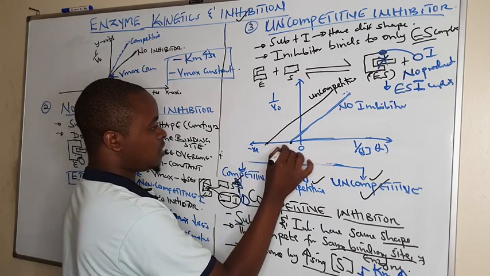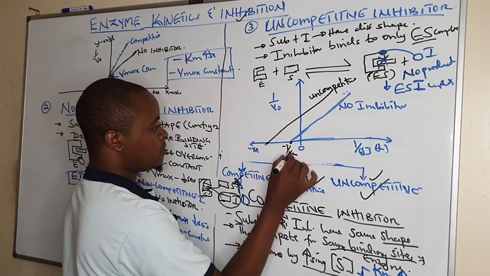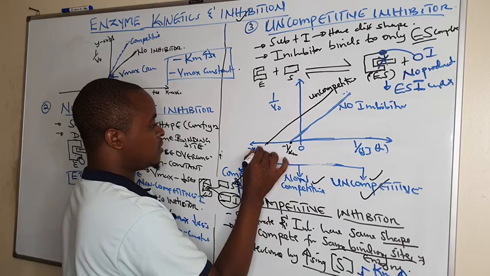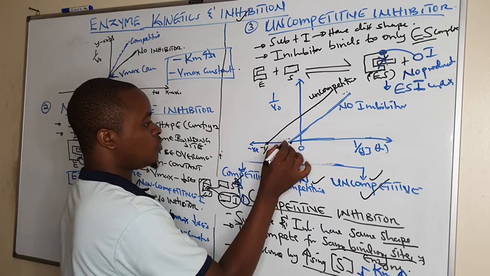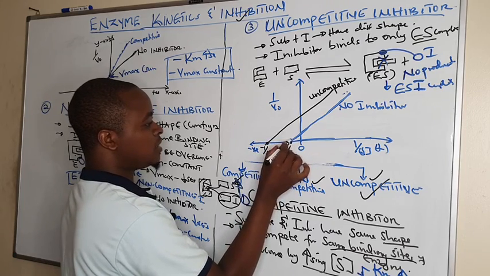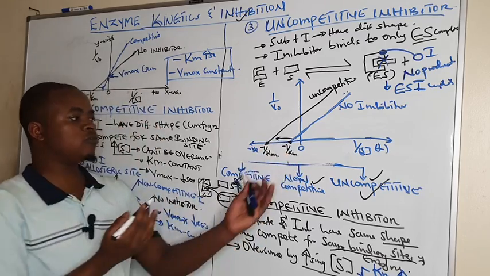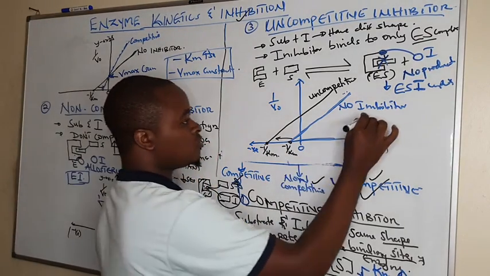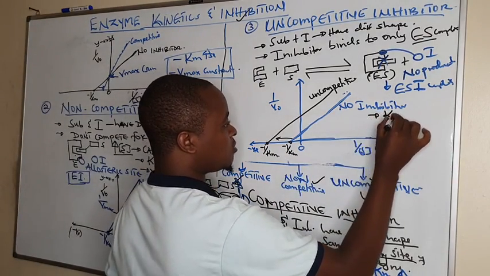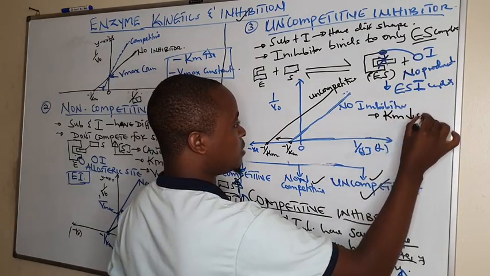So this was negative 1 over Km, and this is the second negative 1 over Km. So we can appreciate that as you go more to the negative side, Km decreases. So we end by saying that in this reaction, Km decreases.